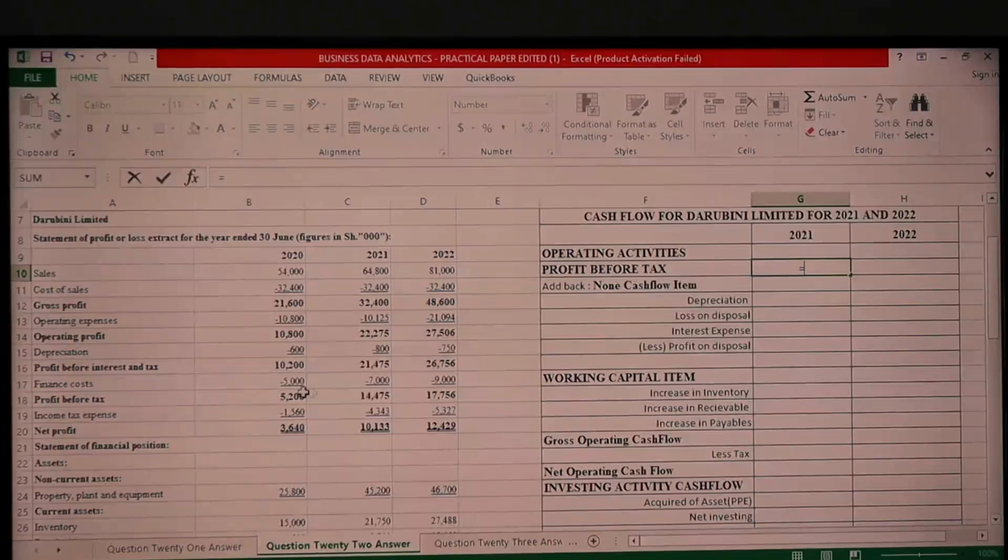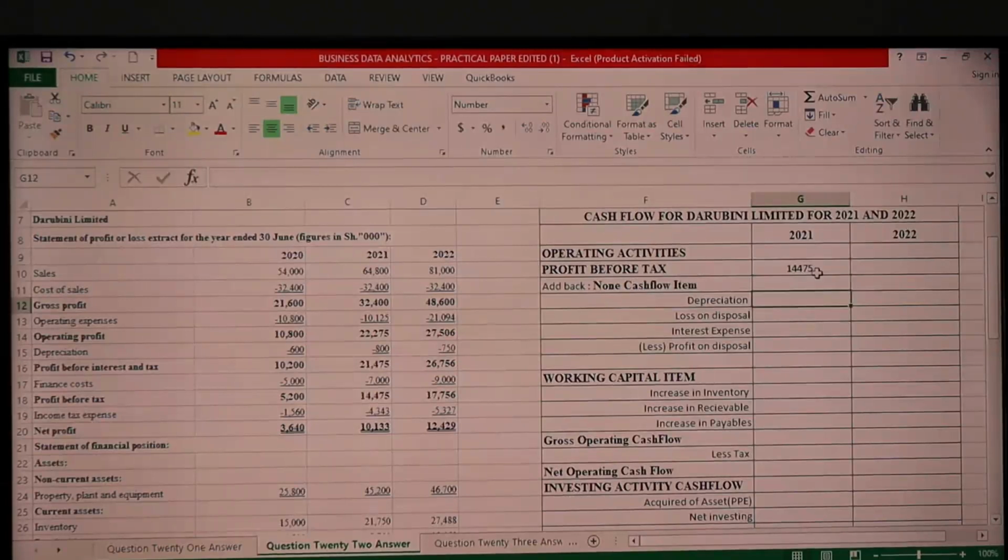That was cell C18. So just click there and press the enter key. So it will pick that cell and give us the profit before tax. So that is the first thing. Then we need to take the depreciation.